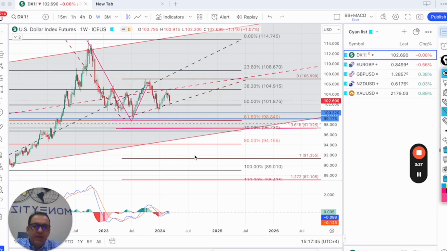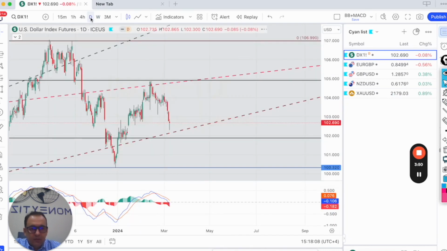So there is a very high probability that in coming days the dollar index will continue downwards, and the first bearish target is around 98.84 followed by 97.32. So in round numbers, we can say 97.5 is the downward target for the dollar index.